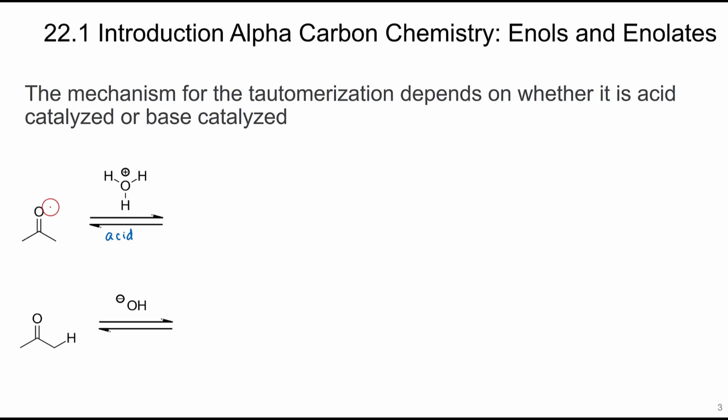And our first step is a proton transfer. The carbonyl becomes protonated, and it is resonance stabilized. If I take those electrons and put them onto the oxygen, this is no longer positive, but the positive moves here. So this is resonance stabilized.